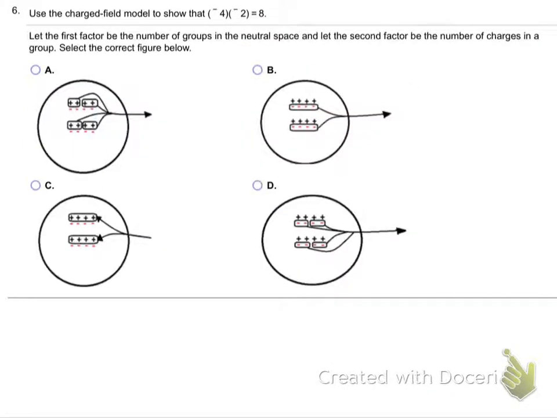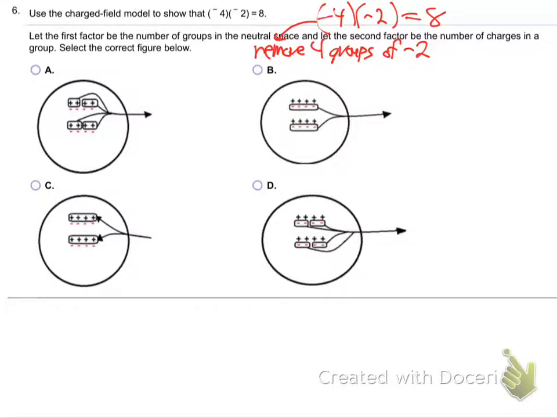Okay, so here on number 6, we're supposed to show which one is negative 4 times negative 2 is positive 8. Well, the negative means remove 4 groups of negative 2. If that was positive 4, it would mean add in 4 groups of negative 2.